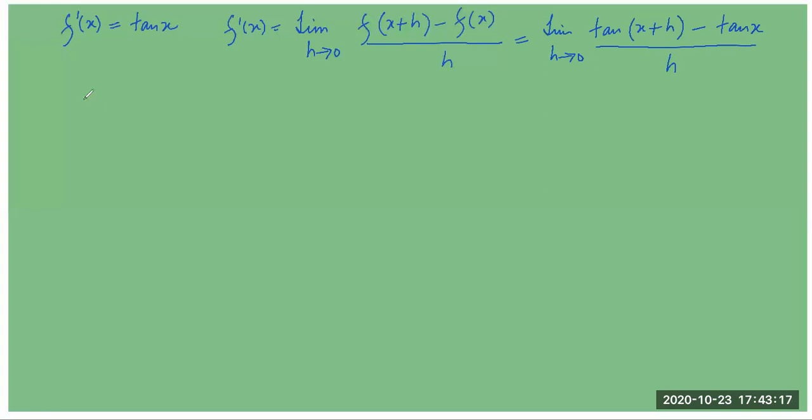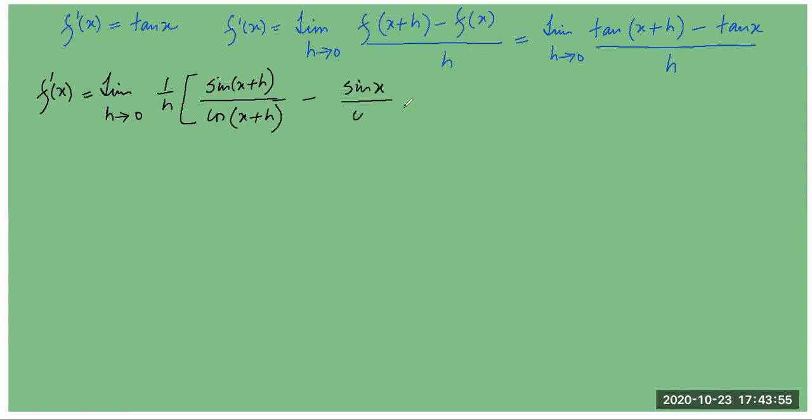So the derivative of tan x would be equal to limit h approaches 0, 1 by h into tan of x plus h minus tan x. Tan of x plus h I can write as sin of x plus h divided by cos of x plus h, because tan theta is equal to sin theta by cos theta, minus sin x by cos x.